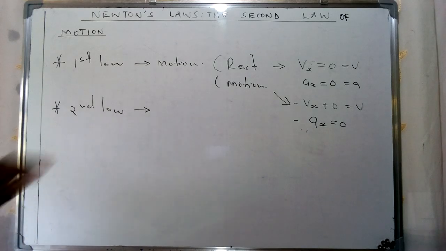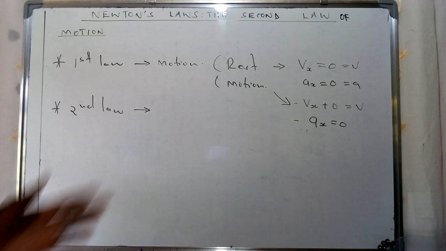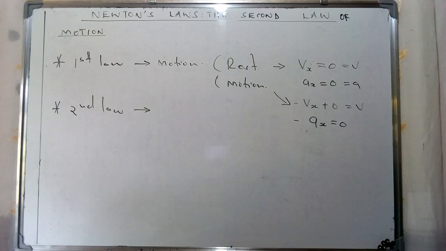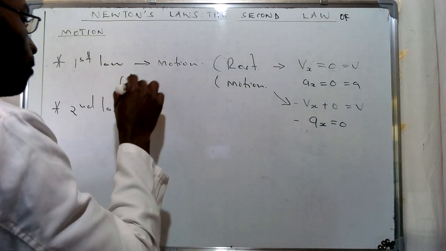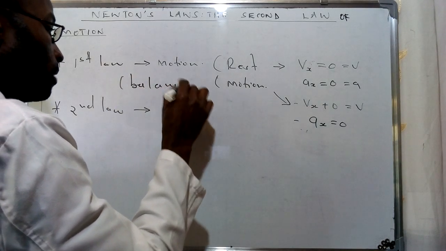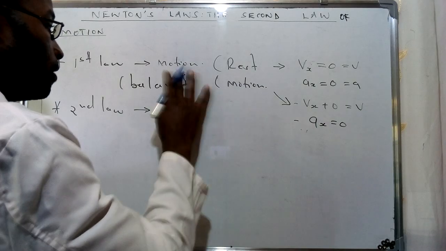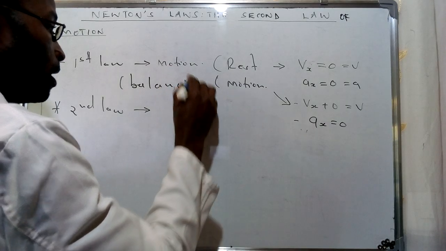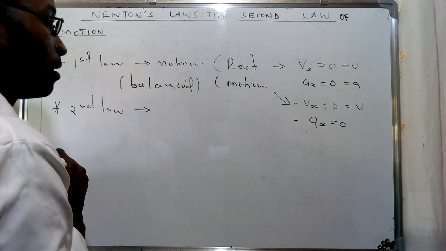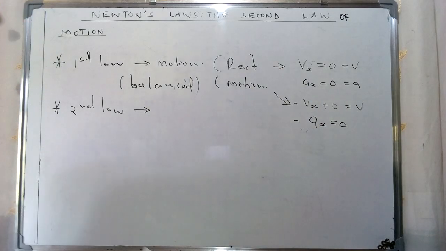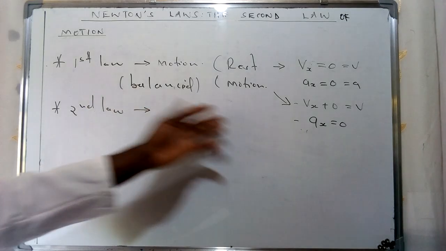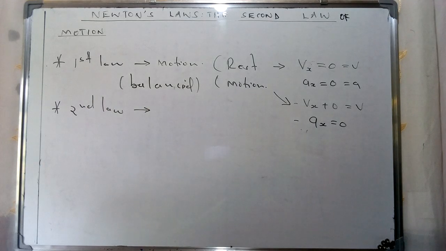In this case, the objects are at equilibrium, where the forces are in a balanced form, with a constant velocity and the forces in equilibrium. Therefore, we expect no acceleration, as I've just mentioned.